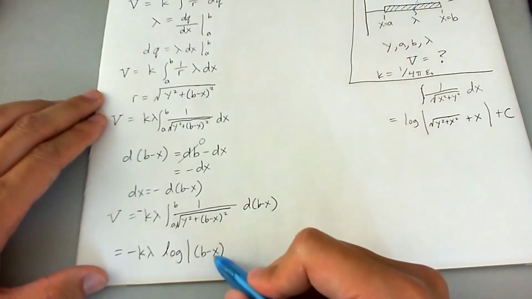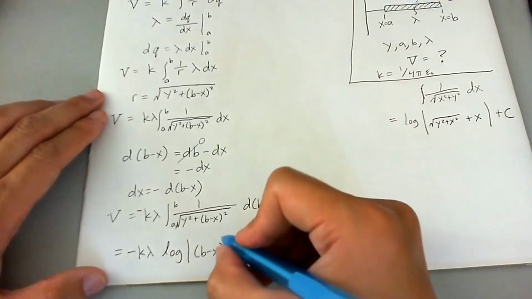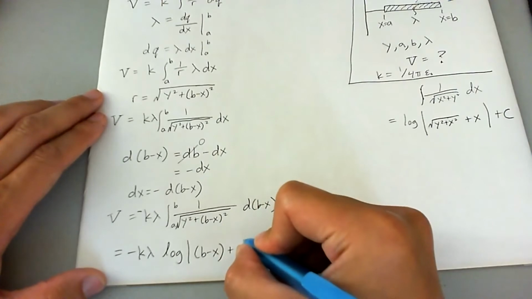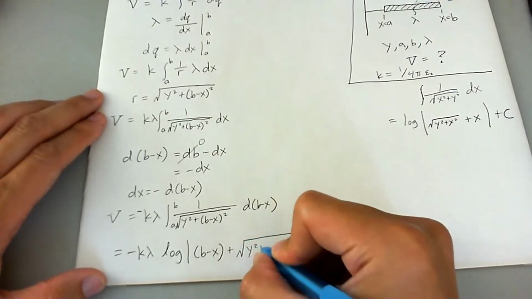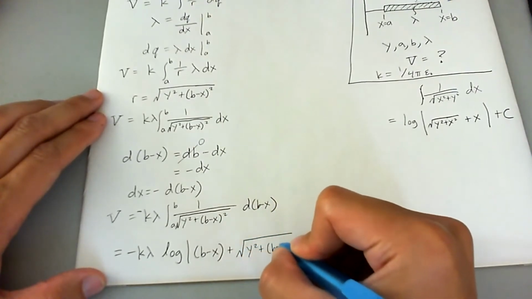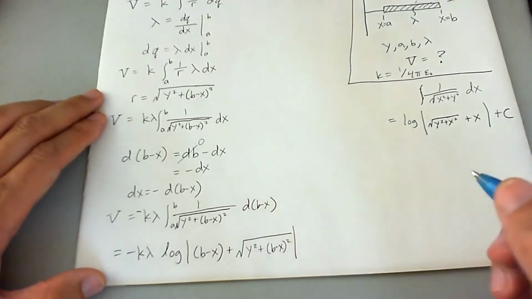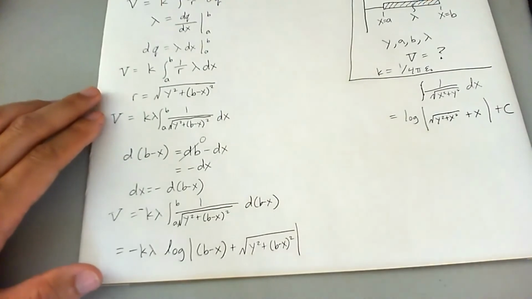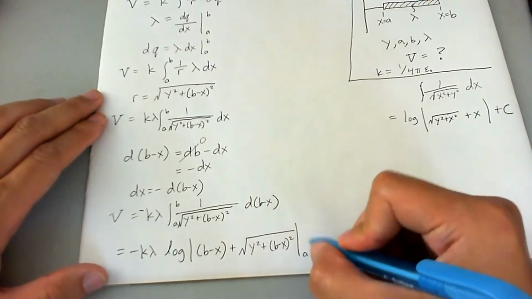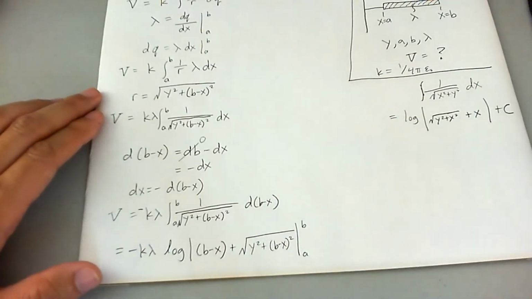Now it's b minus x for this particular situation, plus the square root of y squared plus (b minus x) quantity squared. And x goes from a to b.